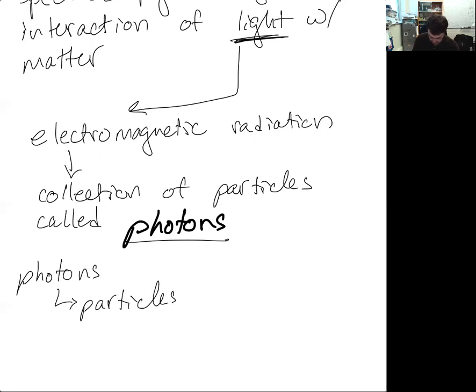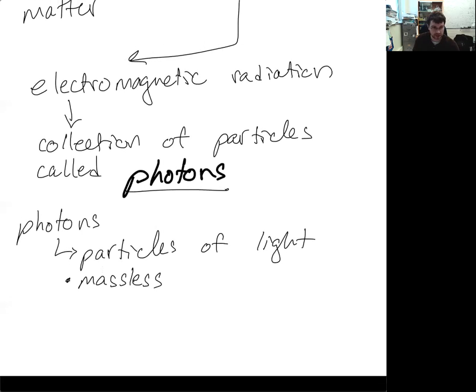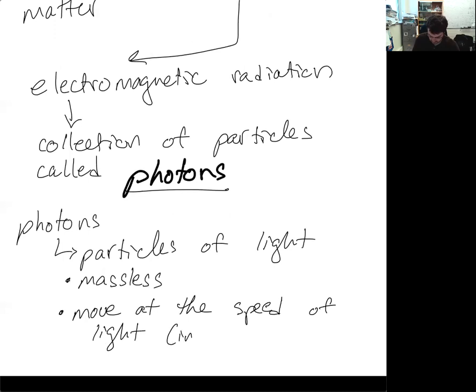They're particles of light. They are massless, which is already itself interesting. They move at the speed of light within a vacuum. And they have variable energy.